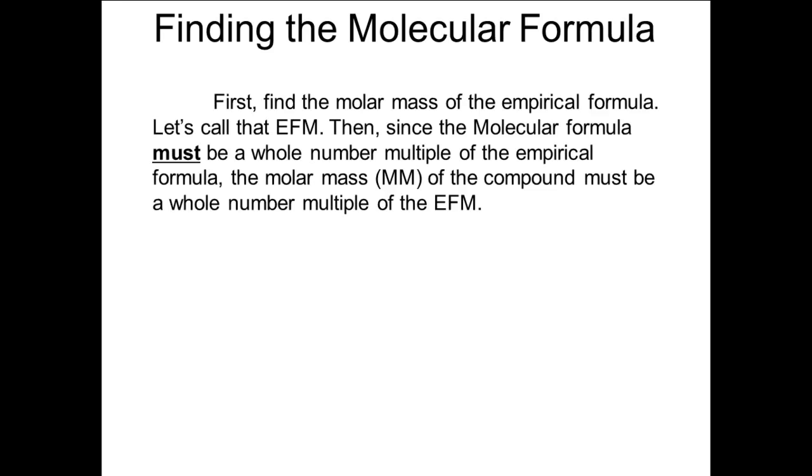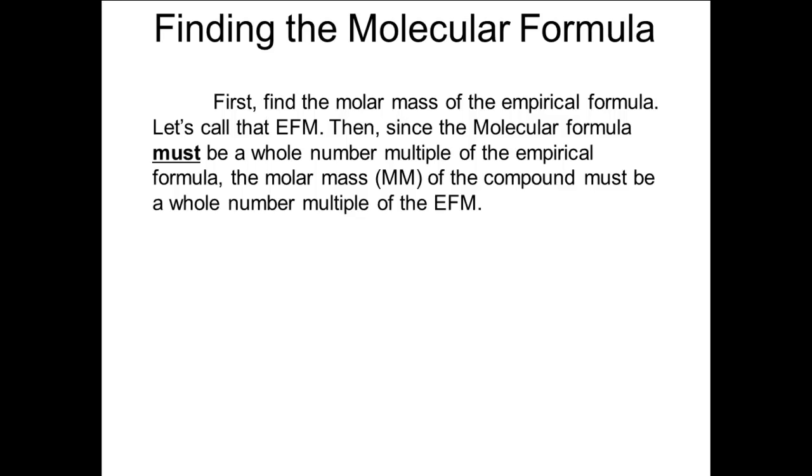The molecular formula must be a whole number multiple of the empirical formula. Since the empirical formula is the lowest whole number ratio, and the molecular formula involves only whole numbers as well, you must have this relationship. The molar mass of the compound must therefore be a whole number multiple of the molar mass of the empirical formula.